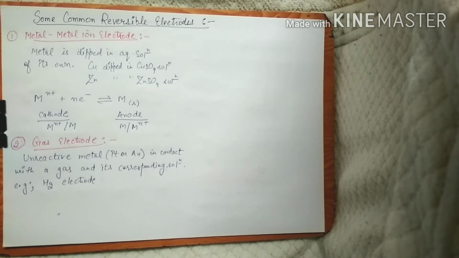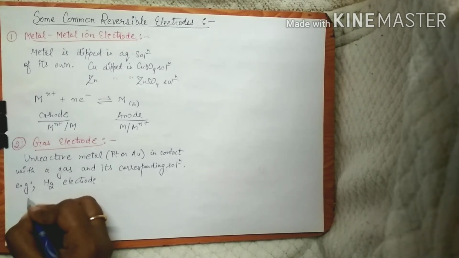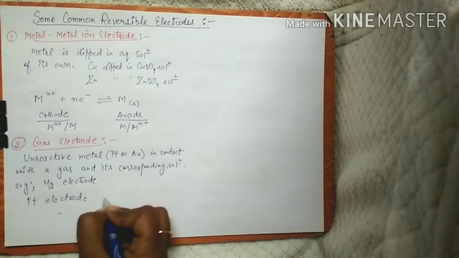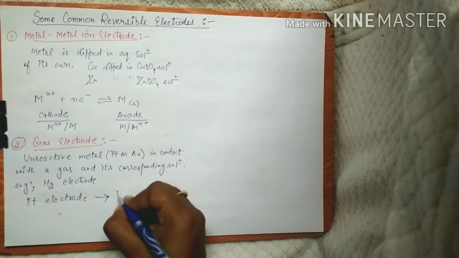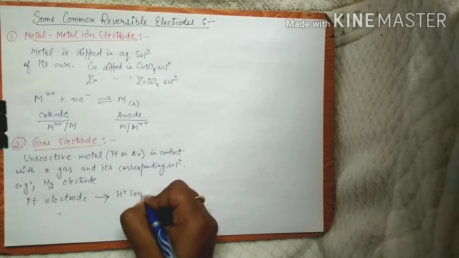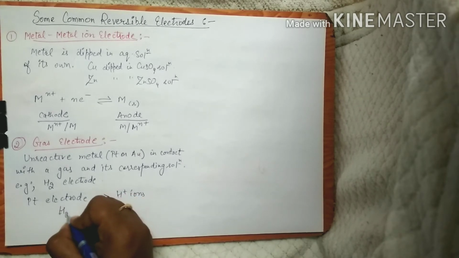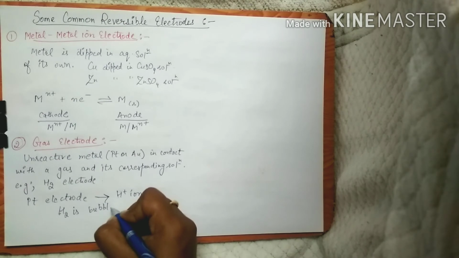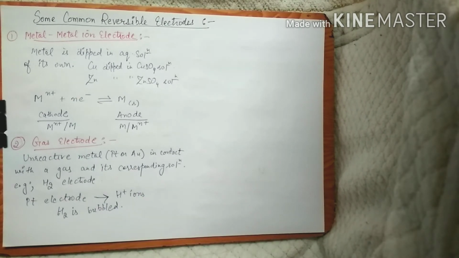In the hydrogen electrode, we take a platinum electrode, which is immersed in the solution of H+ ions, and H2 gas is bubbled in it. So what about the reaction?